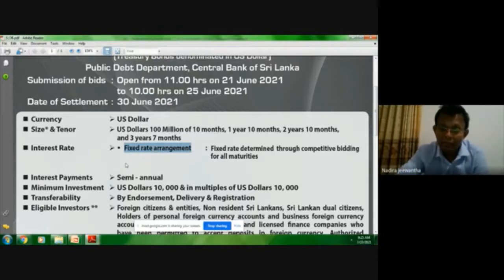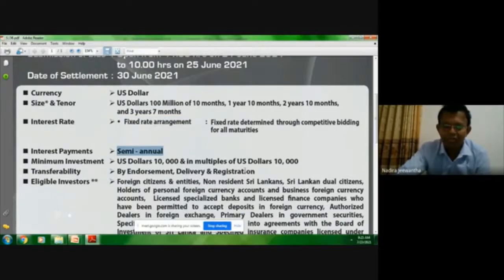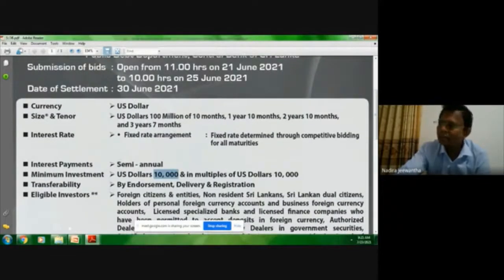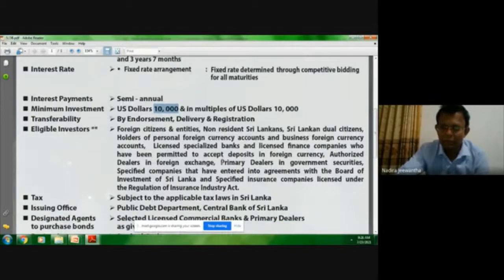So earlier we had variable. If it's a variable rate, LIBOR plus. Semi-annual. Minimum amount 10,000. $10,000 you can invest in SLDB. Who are the eligible people? Foreign citizens. These are the eligible people. Here the primary dealers in government securities are also eligible.